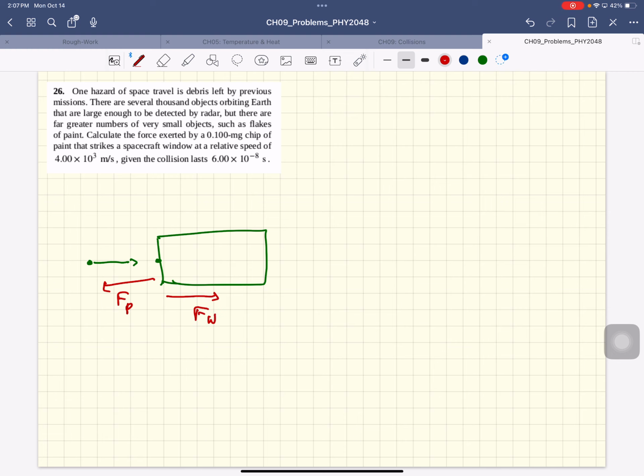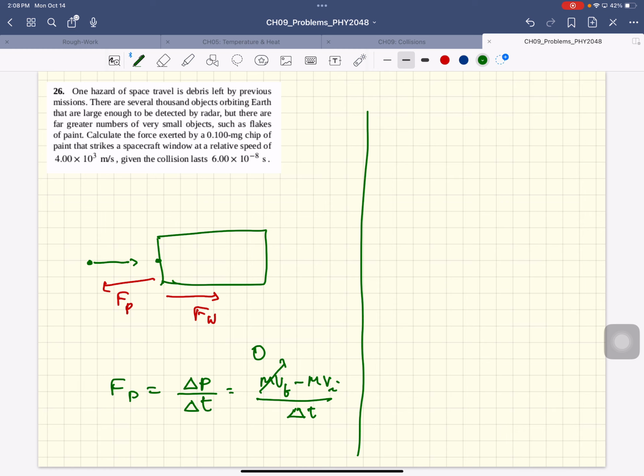So the magnitude on the paint was the change in momentum of the paint divided by the time over which that change happened. What was the MV final minus MV initial, divided by the time over which that change happened? And the final velocity of the speck of paint was 0.